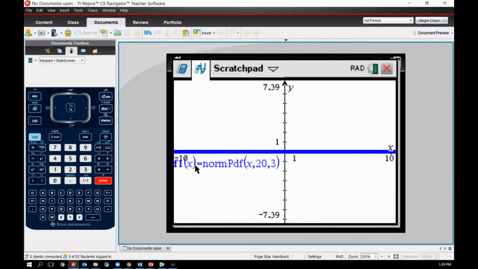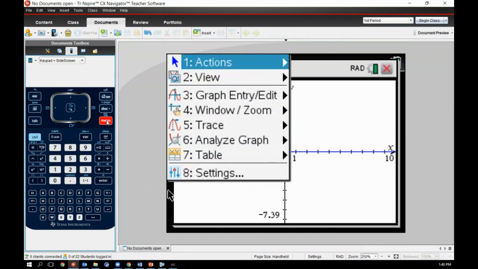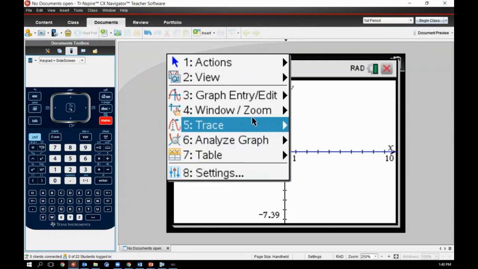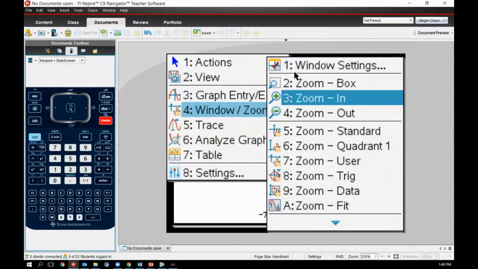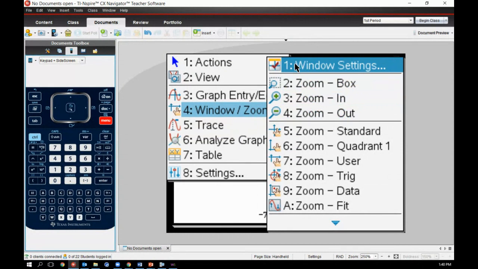And notice it looks like it didn't do anything. It just drew a line across. But just like we did on the 84s, we're going to have to change the scale. So you'll hit menu. Go to Window Zoom. And then Window Settings, number 1.